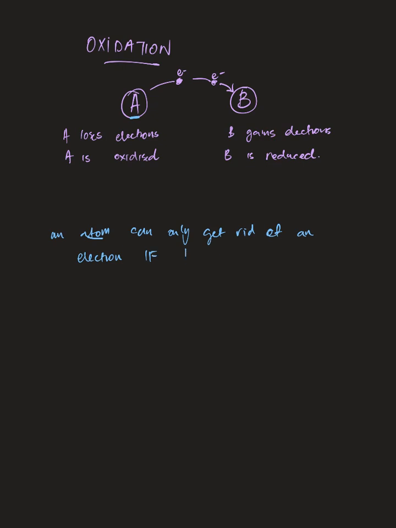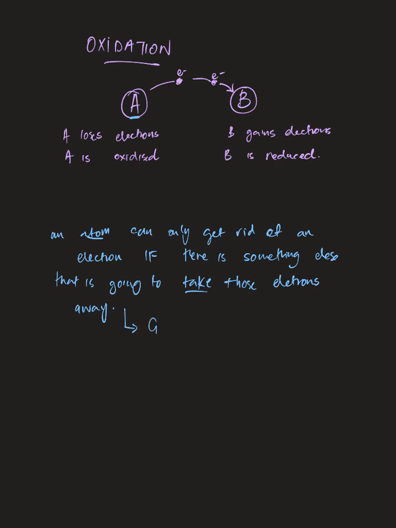if there is something else that is going to take those electrons away. Right? So in other words, when it's doing this, it must give it away to something else.